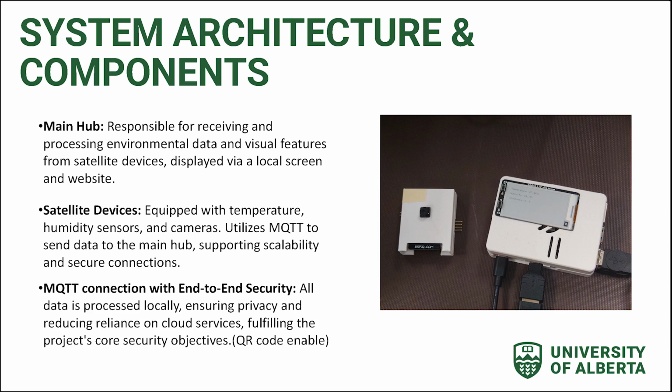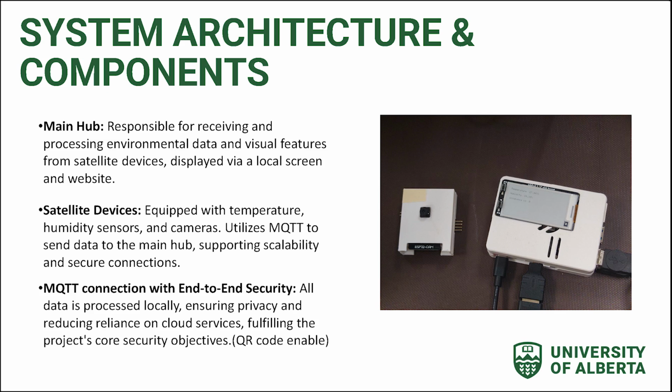It also integrates an e-ink module, which is for displaying the information we collected, such as the temperature, humidity, and human occupancy. At the same time, the information is also displayed on the website.